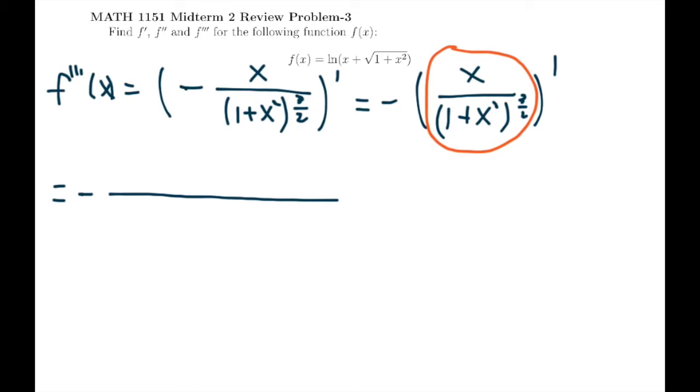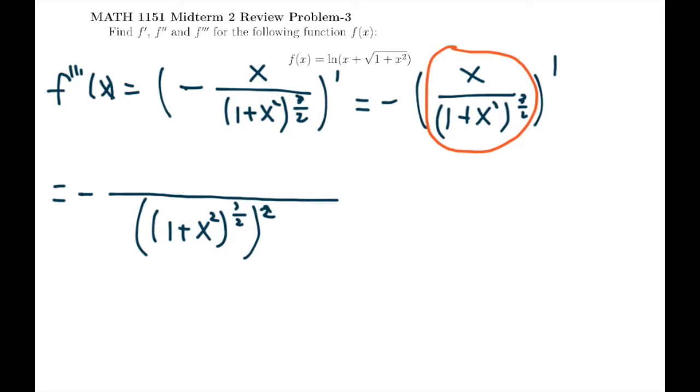So by using the quotient rule, first we have a negative sign before it, and then for the denominator, it is the square of the original denominator, so that is 1 plus x squared to the power of 3 halves squared.